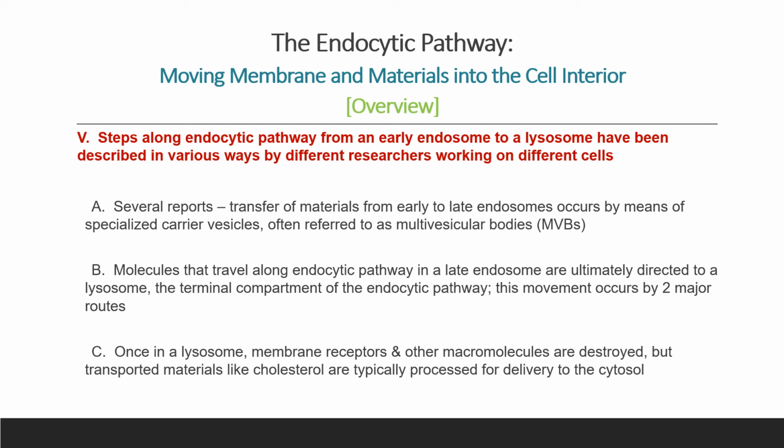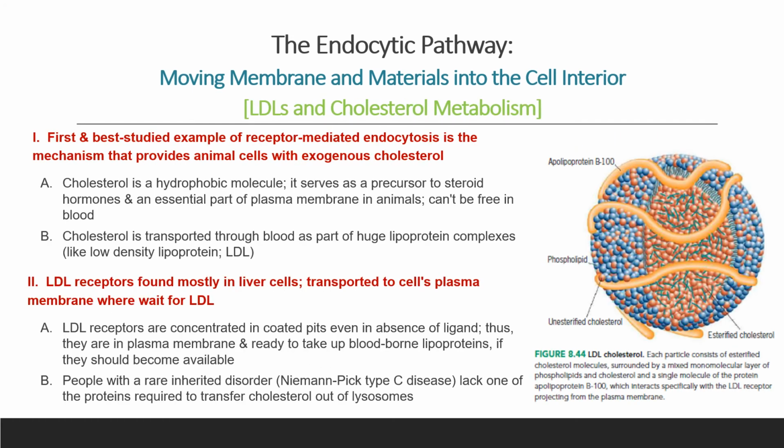This movement occurs by two major routes. Once in a lysosome, membrane receptors and other macromolecules are destroyed, but transported materials like cholesterol are typically processed for delivery to the cytosol. To further understand the endocytic pathway, figure 8.43 from your book, found on page 301, explains the pathway itself.